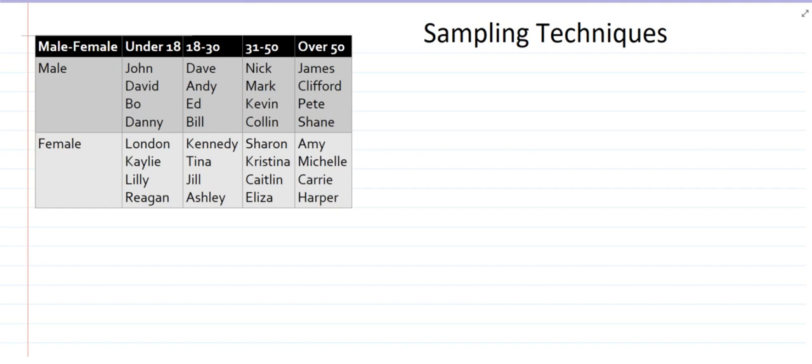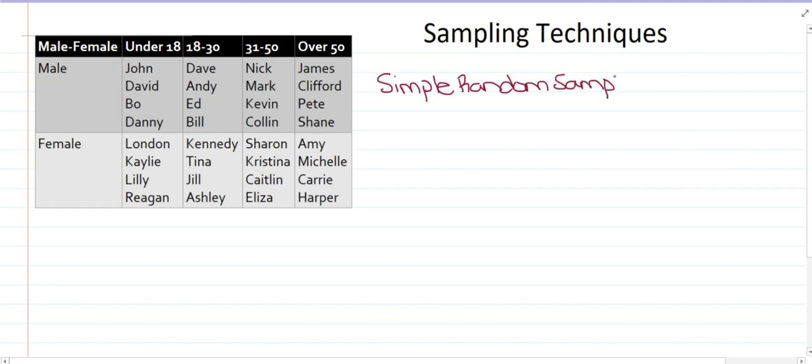Okay, so we're going to start with the simple random sample, which can also be called SRS. In an SRS, each person on this list has an equally likely chance of being picked for my sample.